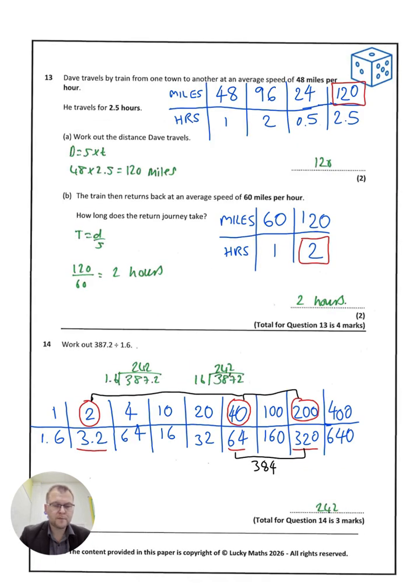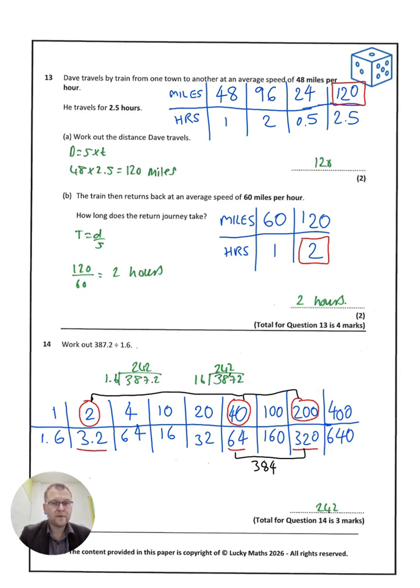Okay, I've spoken in previous videos about the speed, distance, time questions being done using a ratio table. So 48 miles per hour, as we can see, is 96 miles in 2 hours, and therefore would be 24 miles in half an hour.